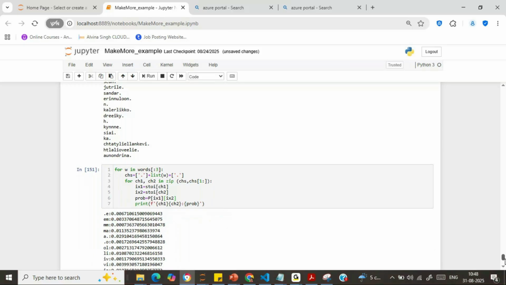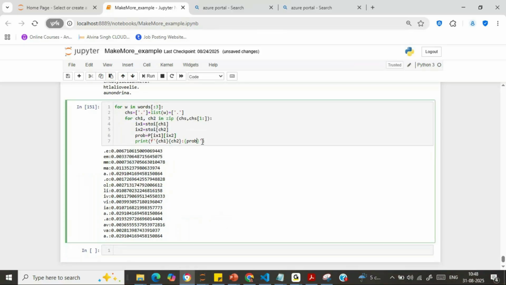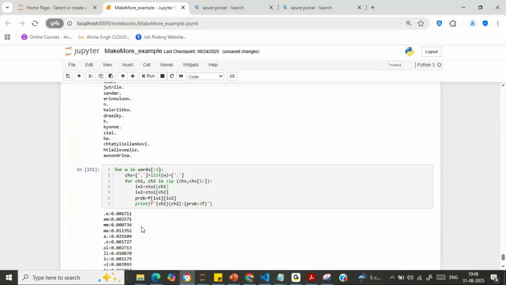Okay. So let me try to make it more readable, up to, say, 2f, 2 decimal points. I just want to have 2f or 4f. It is giving me in 4f.